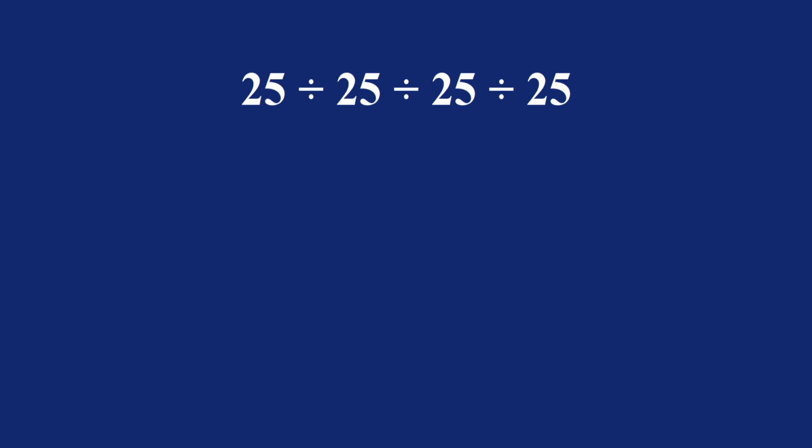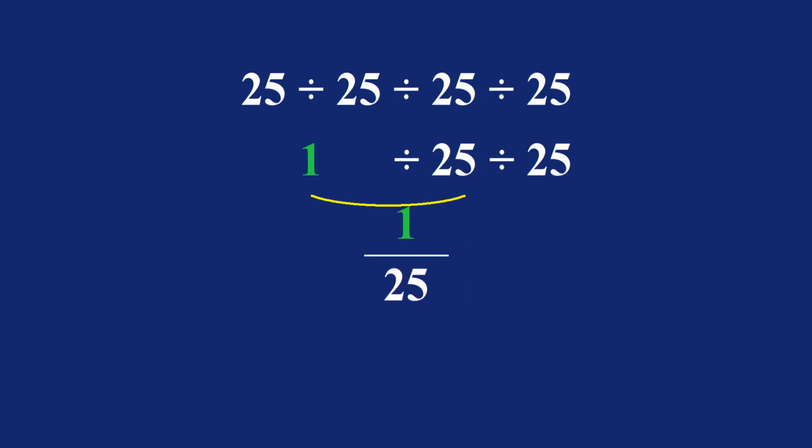So we have first this division, 25 divided by 25 equals 1. So we have 1 divided by 25 divided by 25, and we can write this part as 1 over 25 divided by 25.